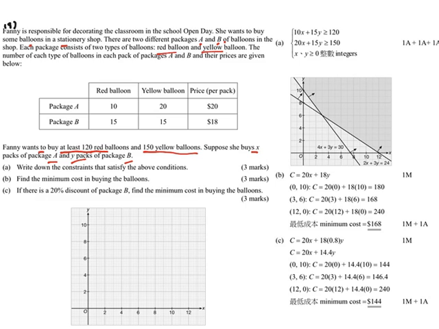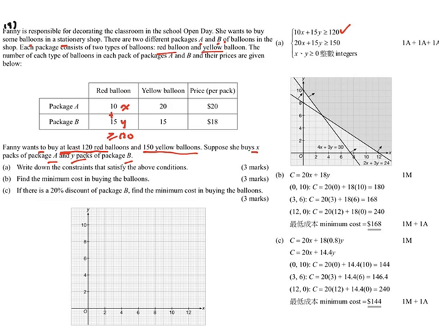So that means 10x is the total number of red balloons, and then 15y is the pack B red balloons. So at least 120, that means it should be more than. So we add up and it is more than 120. So we can get the first equation.